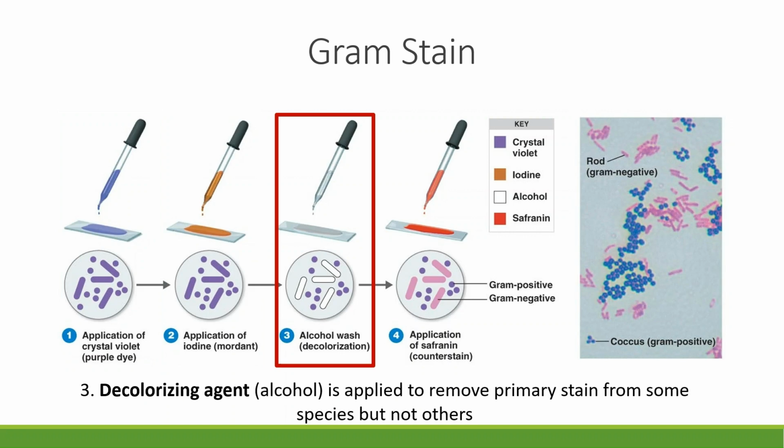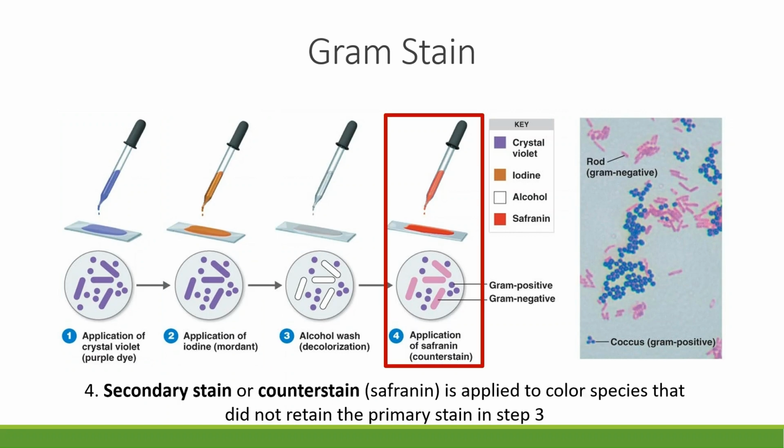So at this point, you should have either purple Gram-positive cells or colorless Gram-negative cells. And then lastly, our secondary stain. We will add a secondary stain so that we don't just have colorless cells. If there are Gram-negative cells present, we can still observe them. That counterstain is called safranin in the Gram stain, and this is the color pink.